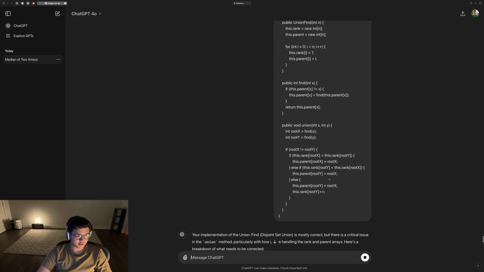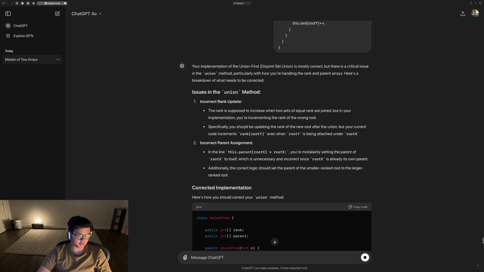See, this is what I was talking about last time. You can structure the union find incorrectly and it'll still give you the right answer.